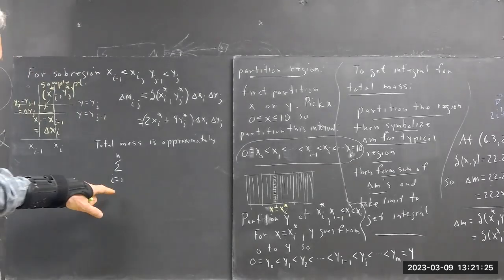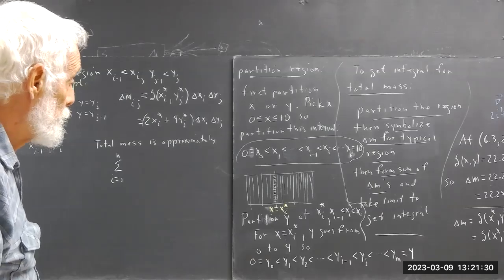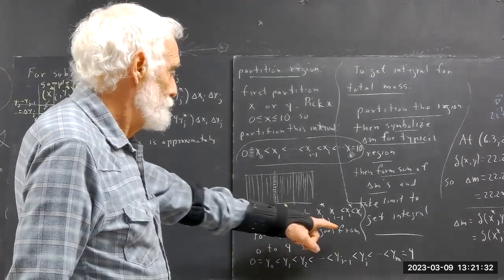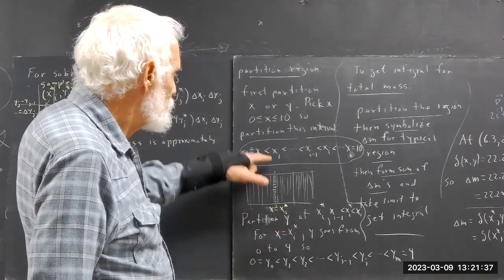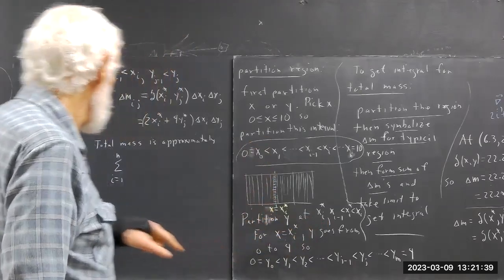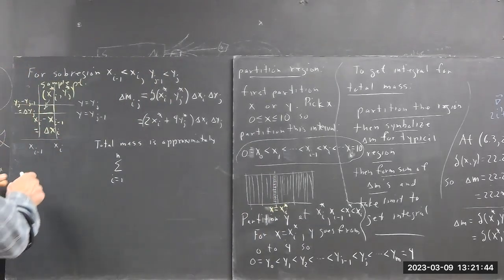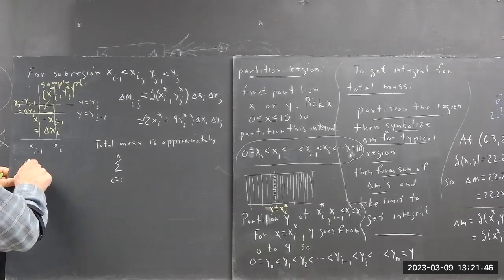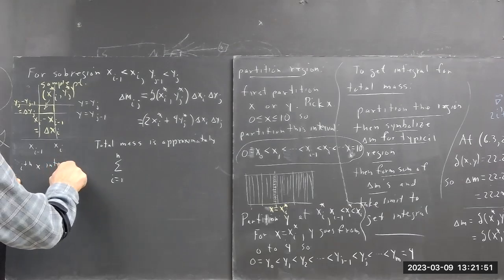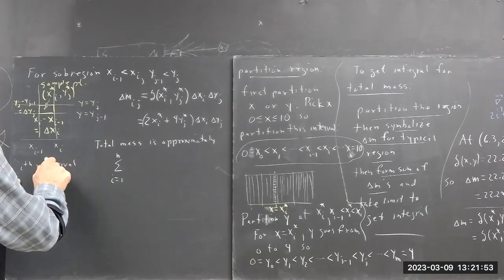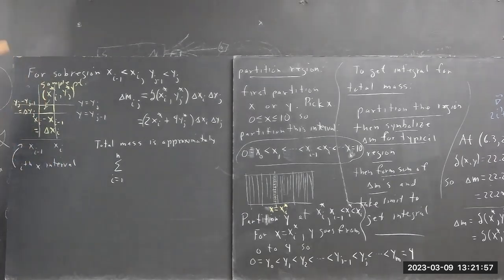Well, total mass would be the sum from I equals 1 to n. Why do I say I equals 1 to n? Because I have initially just partitioned the ith interval. That would be this, the ith X interval partition.